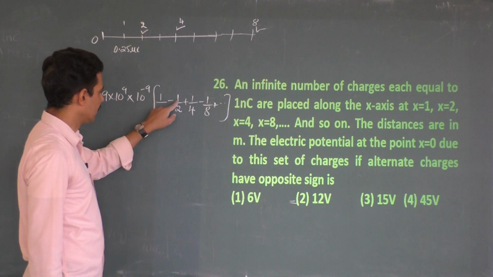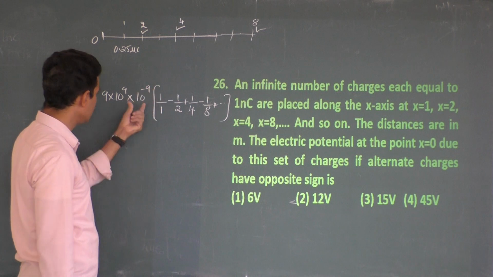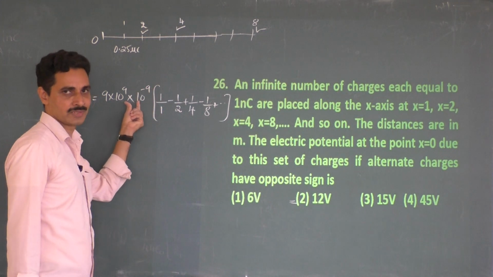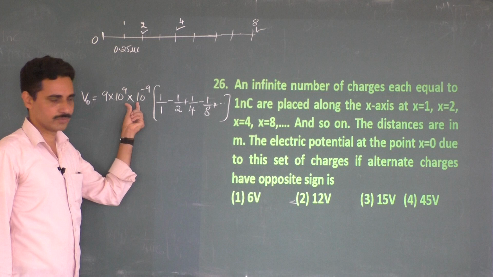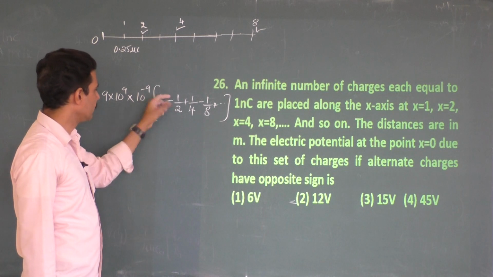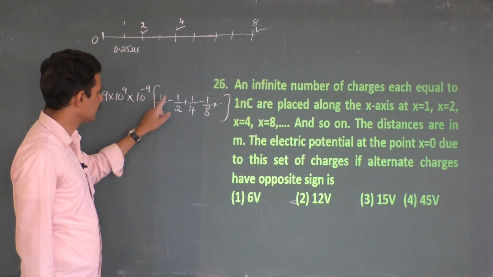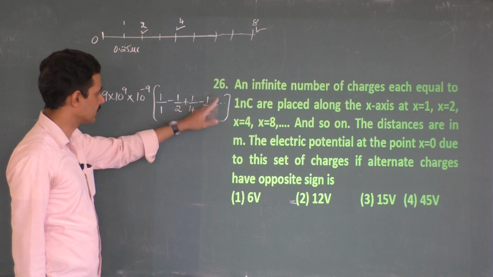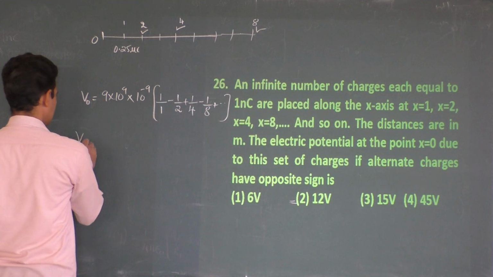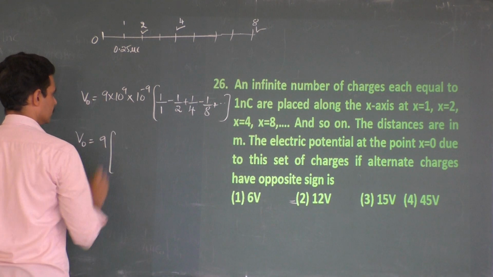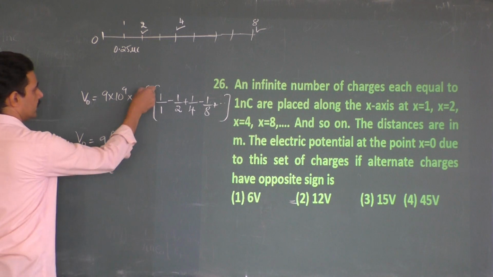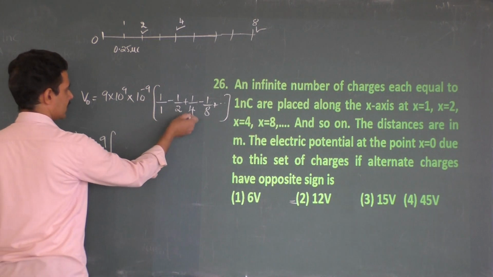First charge positive, next charge negative. Of course, common values are taken. 1 nanocoulomb is taken outside, but the negative and positive signs are retained inside: plus, minus, plus, minus, like this. Potential at the center is 9 into 10 to the power 0, that is 1.